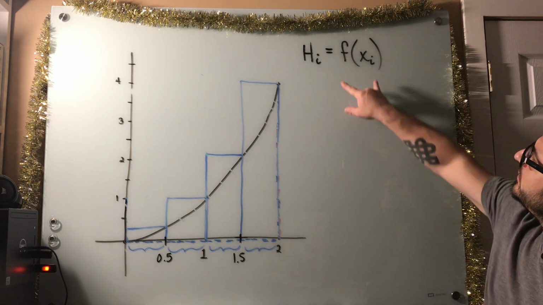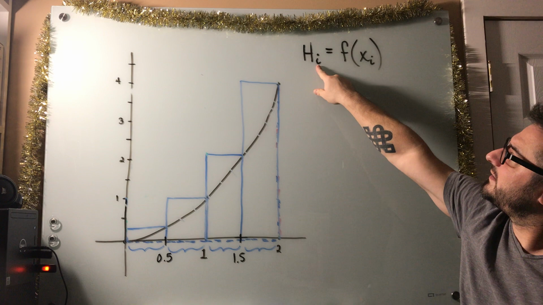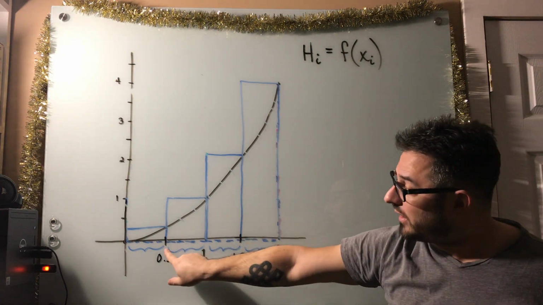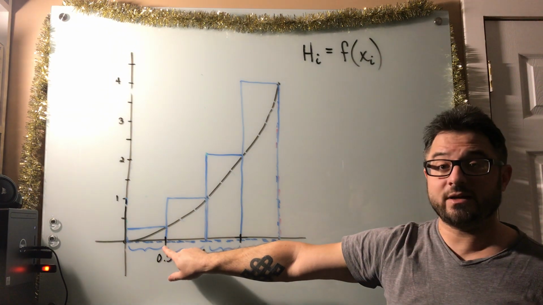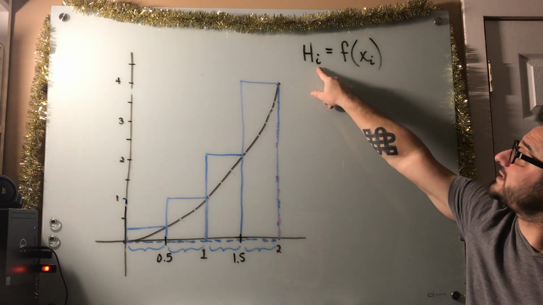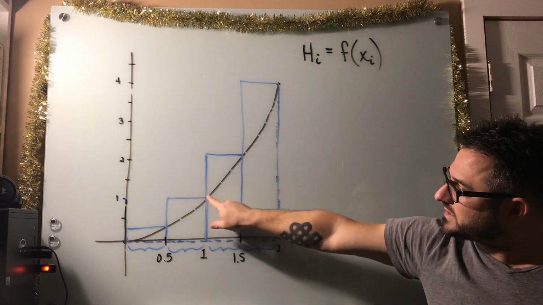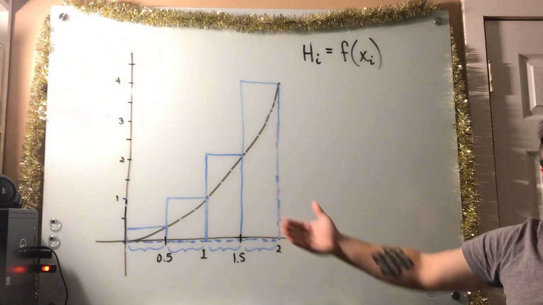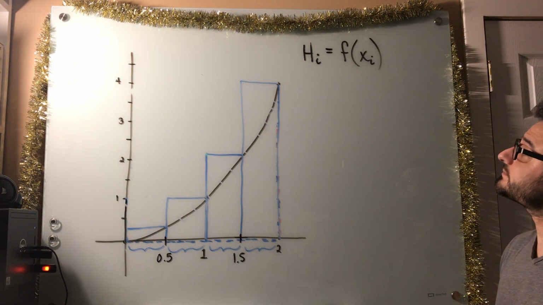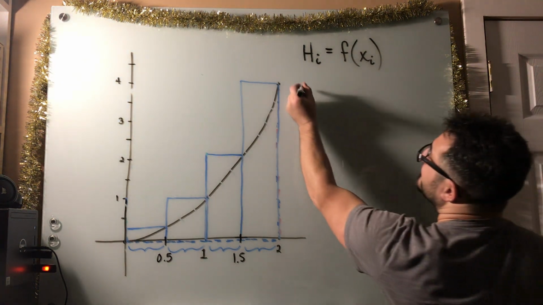Now, we'll match the subscripts for now, so that the height of the first rectangle would be f of x sub 1, the right endpoint of the first subinterval. The height of the second rectangle would be f of x sub 2, which is the height of the y-coordinate at the right endpoint of the second subinterval. So you can see how this is going to get a little bit ugly.